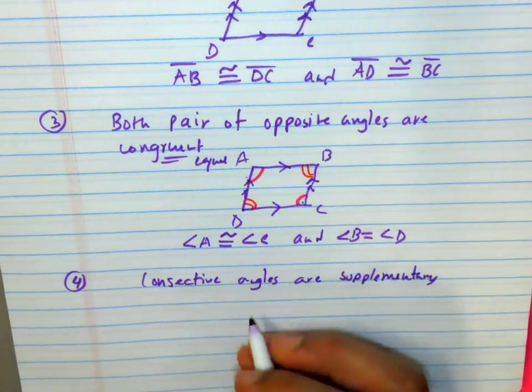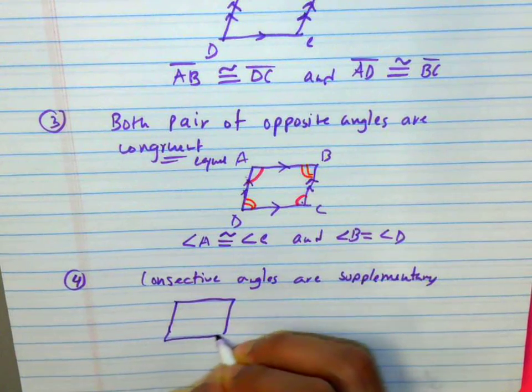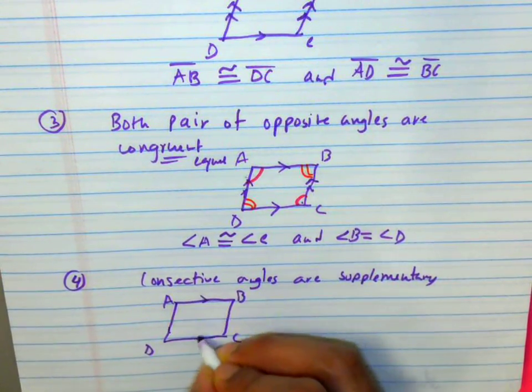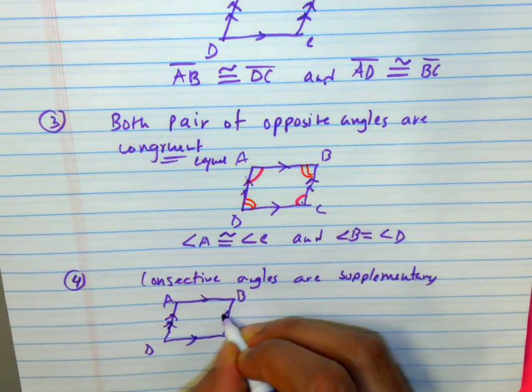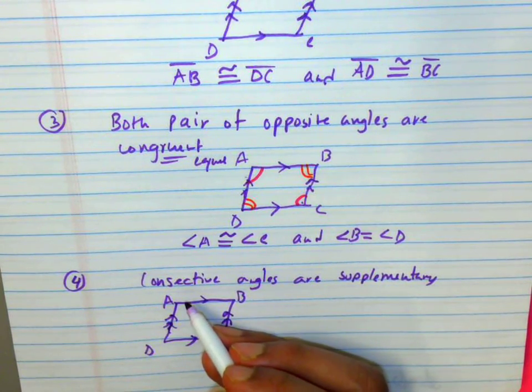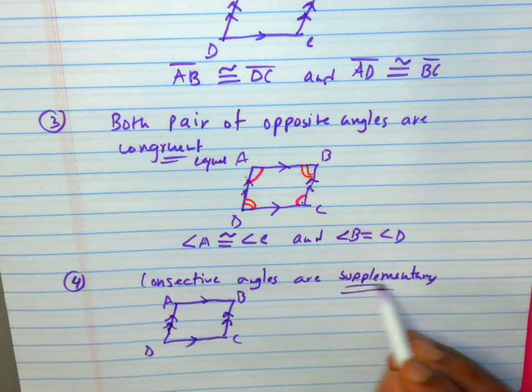What that means is if we draw a parallelogram, A, B, C, D, this side congruent to this side and parallel, this is parallel to this side. Now it says that you take any consecutive angles, back-to-back angles, the sum is going to be 180. That's what it means to be supplementary.